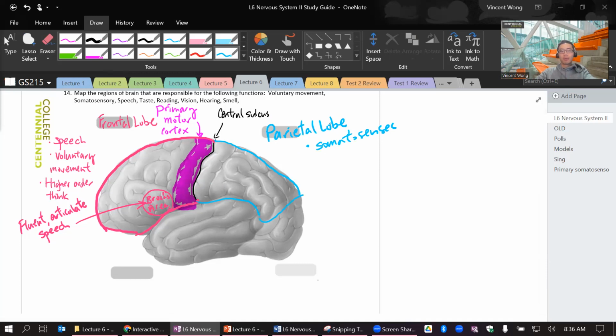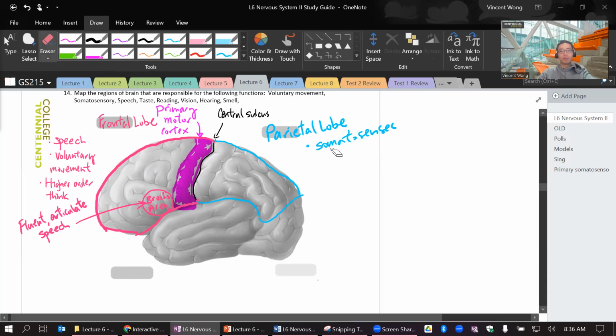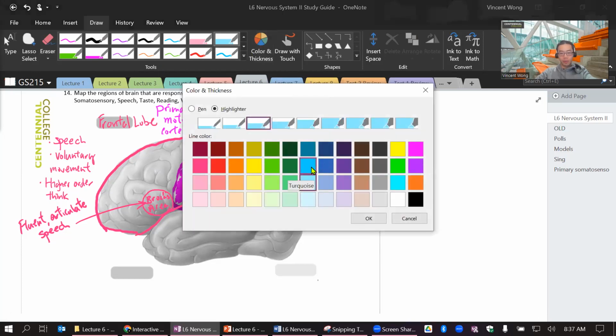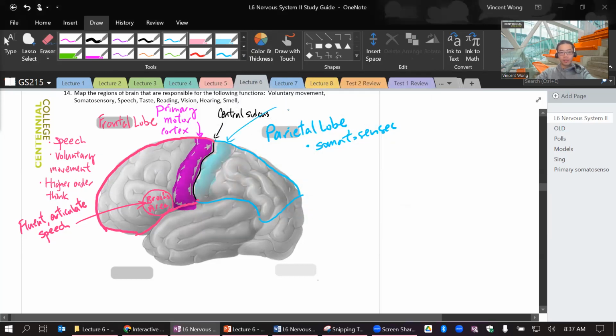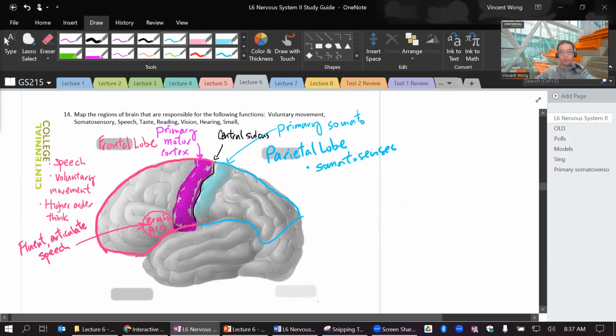All these perceptions we call somatosensation. And there is an area here behind the central sulcus. This gyrus, this bump here, we call the postcentral gyrus, and on that postcentral gyrus, we have the primary somatosensory cortex, which is for feeling things.